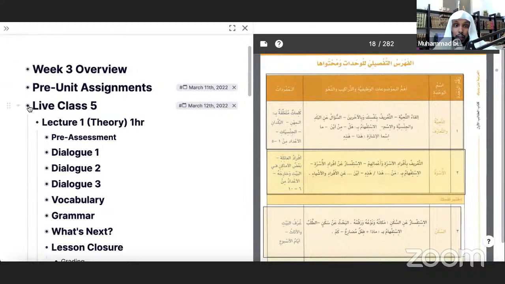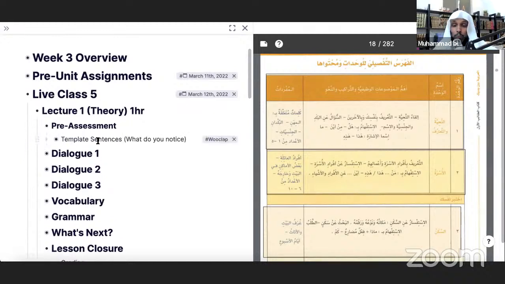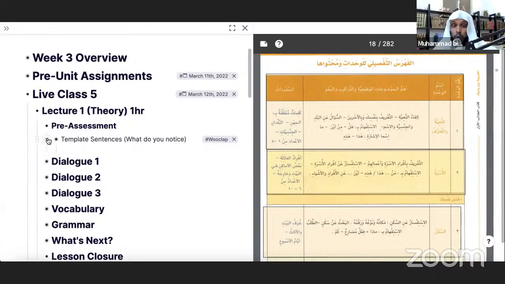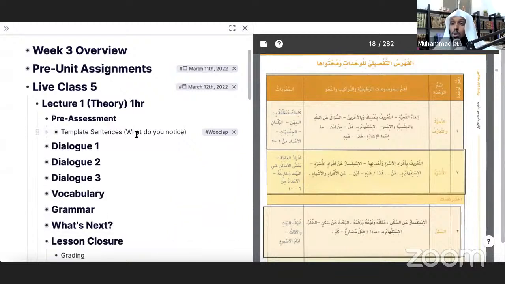So going on to today's class, let's start with listening to the dialogues first and foremost. As we listen to each dialogue, I want you to pay close attention to the template sentences which the dialogues consist of, because I'm going to ask you what you notice. Based on what you've learned so far, you're going to find a few things that are slightly different.